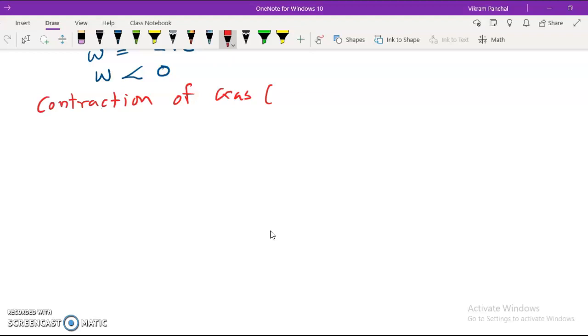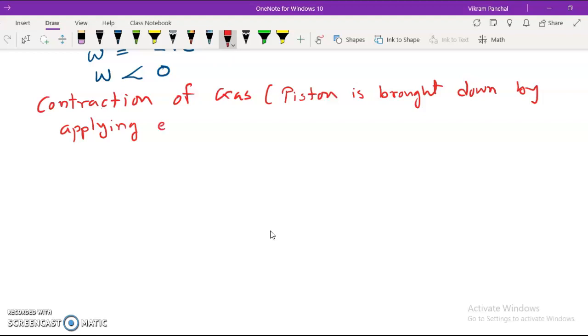So the piston is brought down by applying external force. That means it is work done on the system.